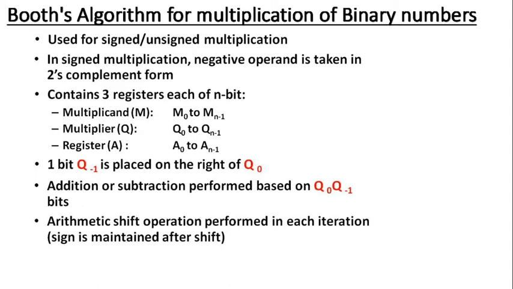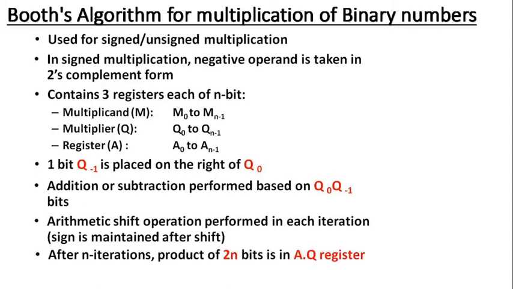But the subsequent operation, the arithmetic shift right, is always performed. Once the shift right operation is performed, that iteration terminates, and depending on the count value, the next iteration will be carried out, and if the count reaches 0, the result is obtained.